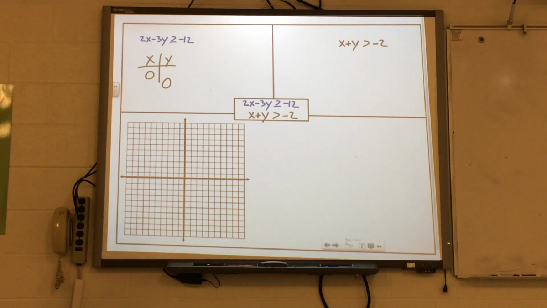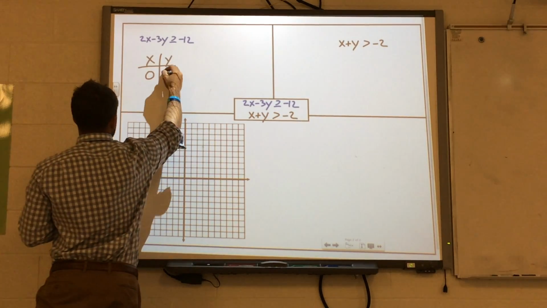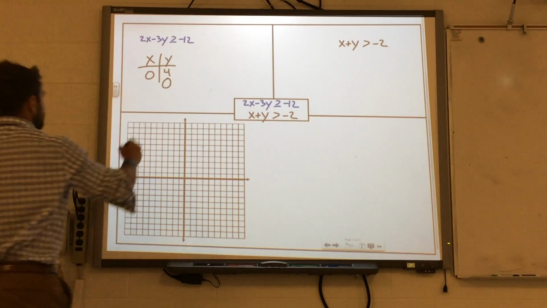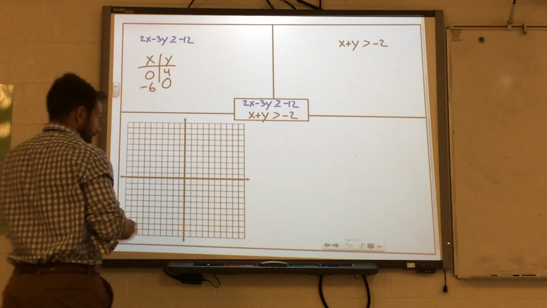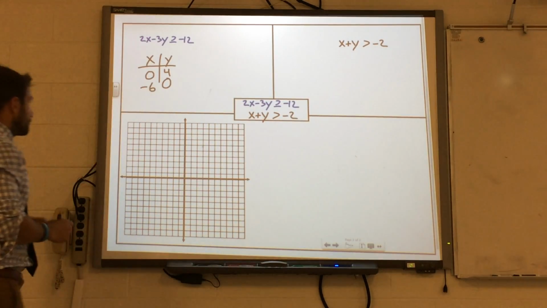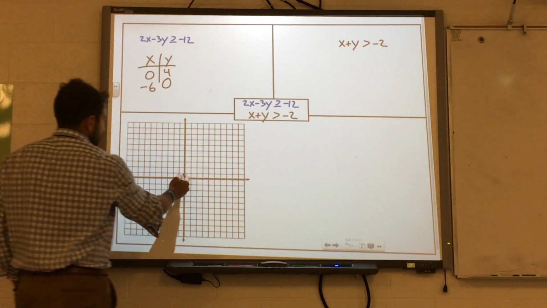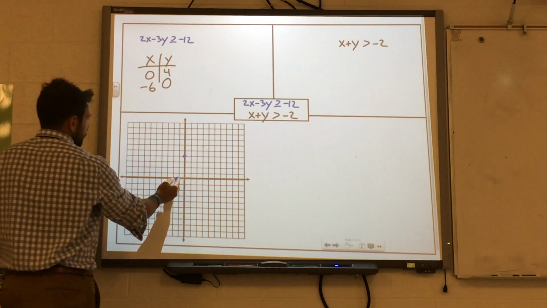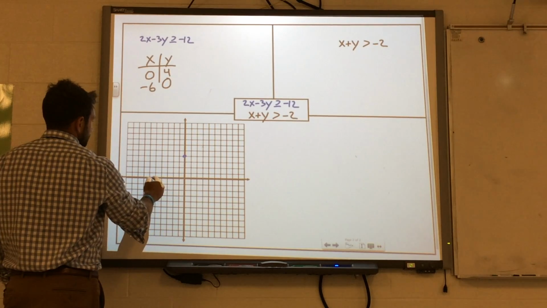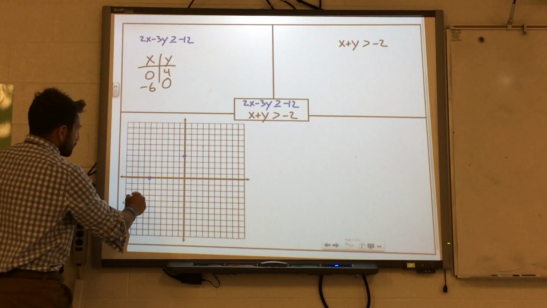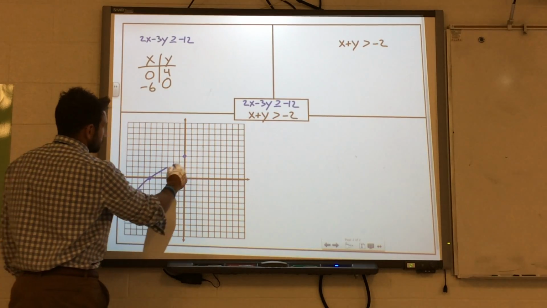Negative 12 divided by negative 3 is 4. Negative 12 divided by 2 is negative 6. Graph, plot the points, 0, 4, negative 6, 0. Connect with a solid line since it's greater than or equal to.